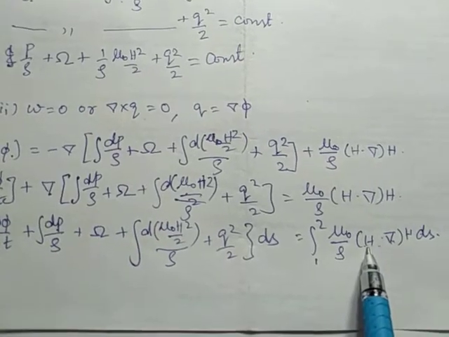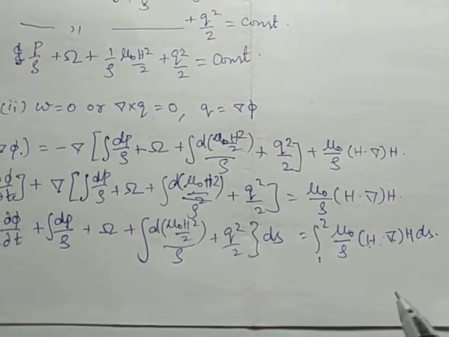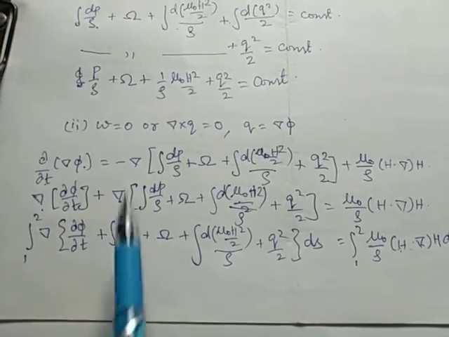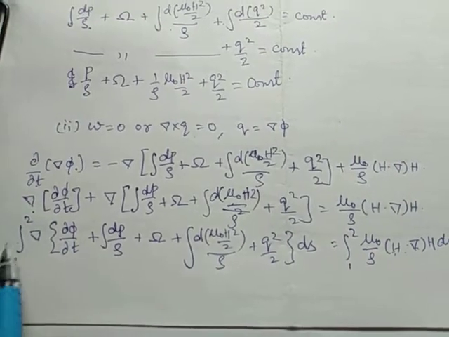H dot del h cannot be 0. Suppose if it is 0, then as in the previous case, del and integration are reverse processes.